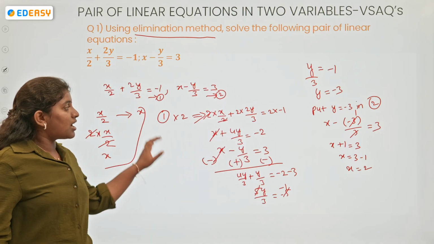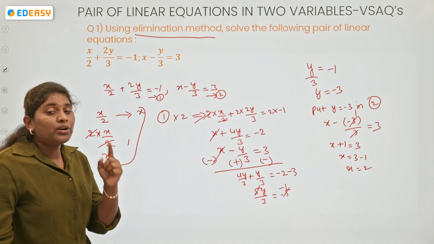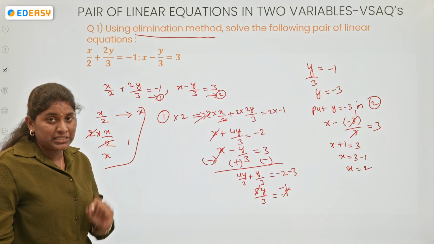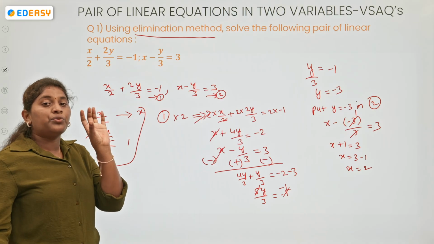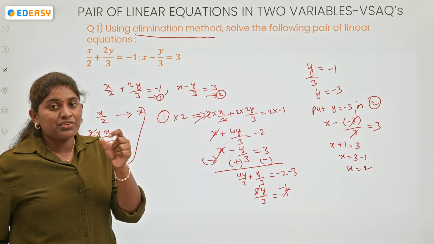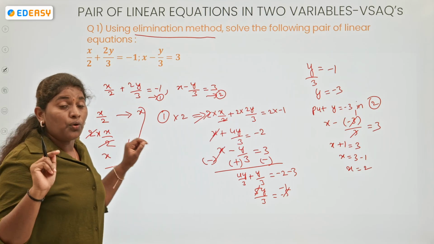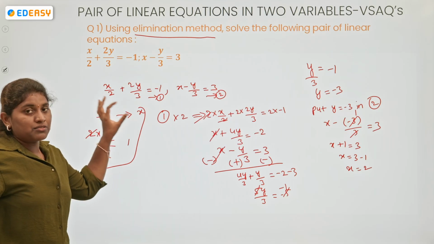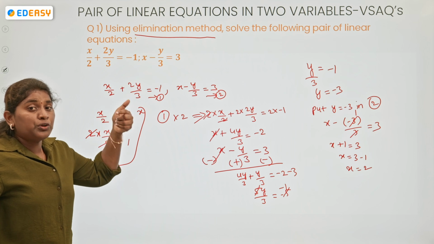So now this is how we are going to solve it using the elimination method. The important thing in the elimination method is you need to know for the equation 1 you need to multiply with which number. Whatever the variables, whatever the coefficients you are making same, for that you need to multiply.